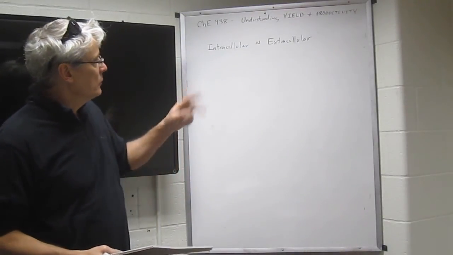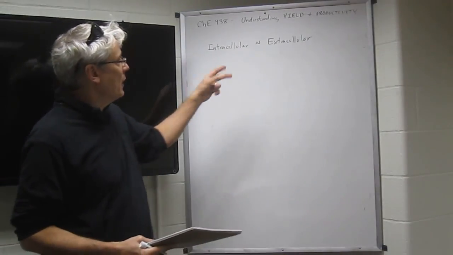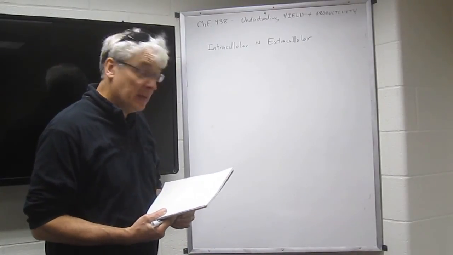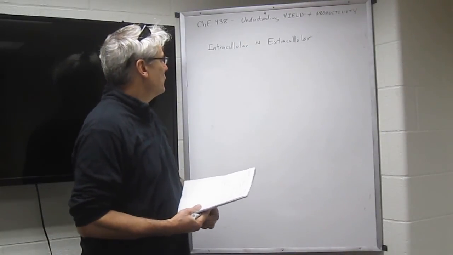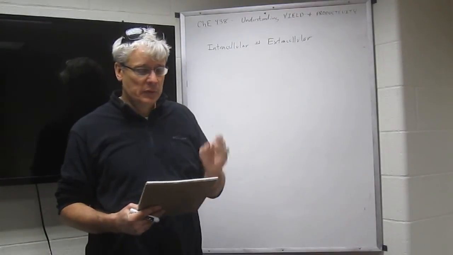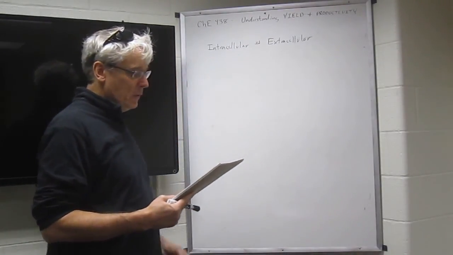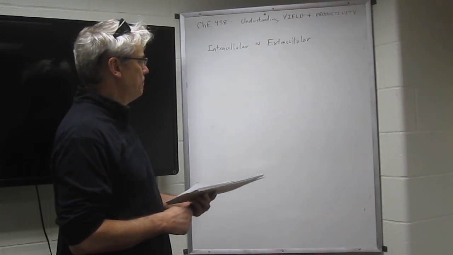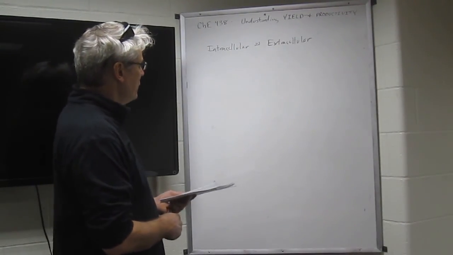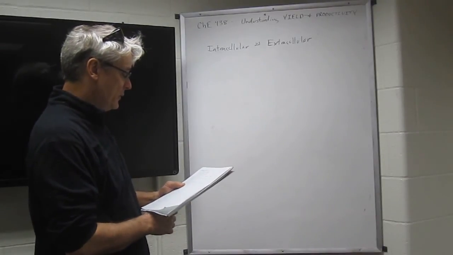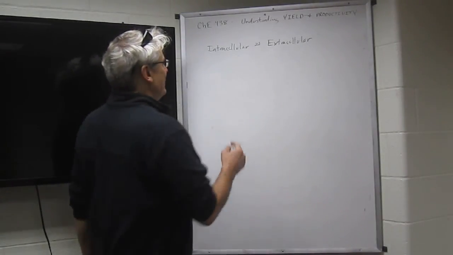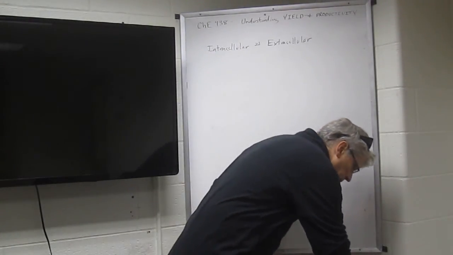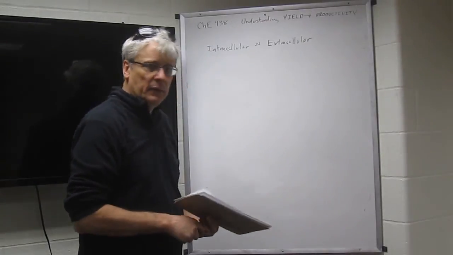Okay, so to go into some clarifications about dealing with productivity, there are certain things that are introduced that make it a little more complicated. The first one I wanted to mention is intracellular versus extracellular. If you take a product, and if that product, for instance, is intracellular, then in a sense the productivity of your system is directly related to your dry weight.